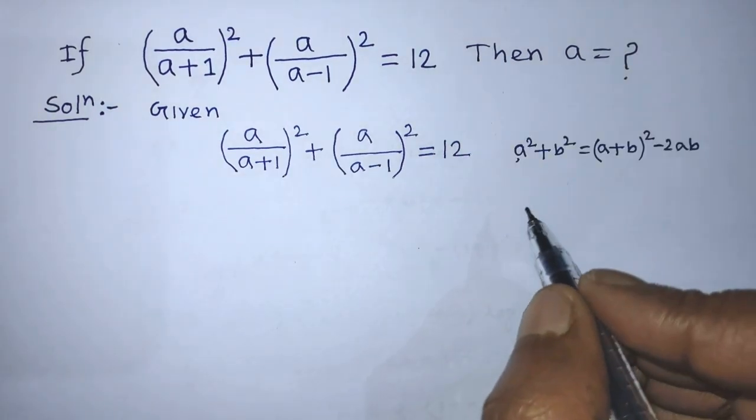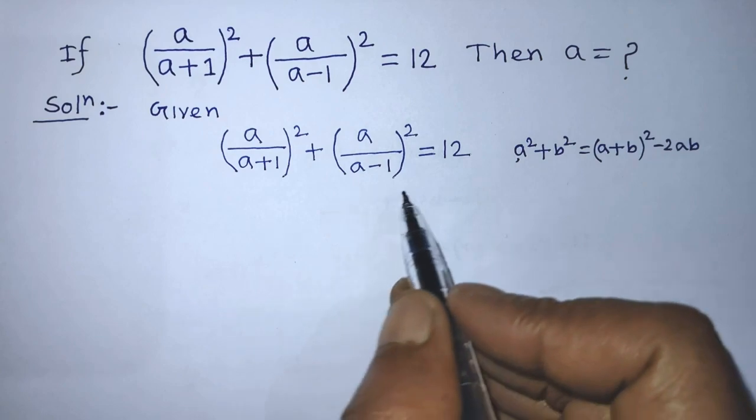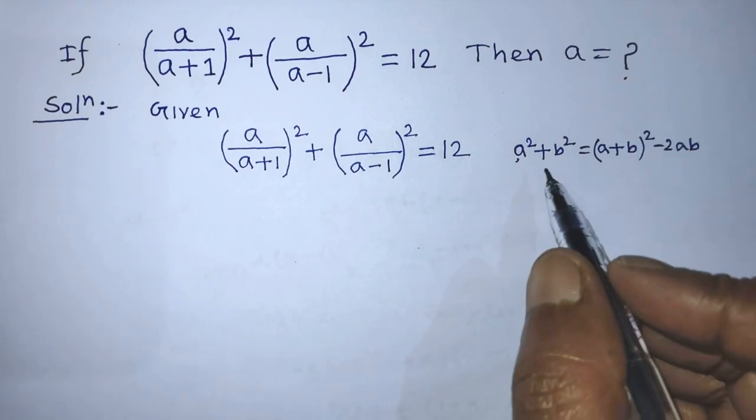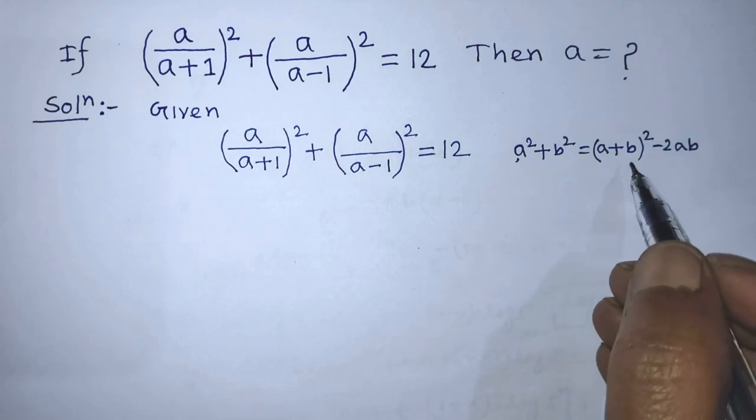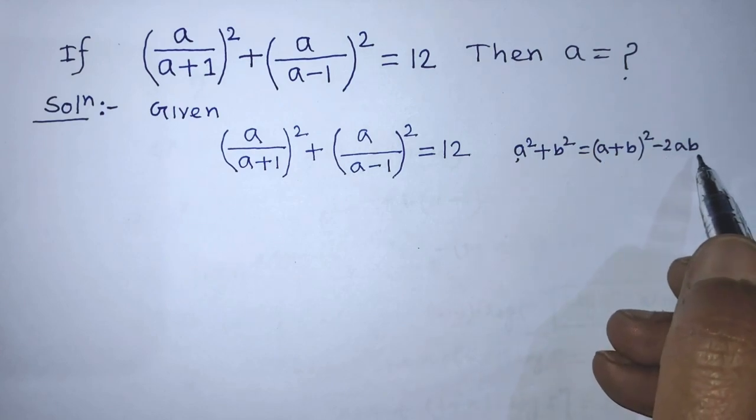So student, to simplify the left hand side of this equation, we have to apply the formula a square plus b square is equal to (a plus b) whole square minus 2ab.